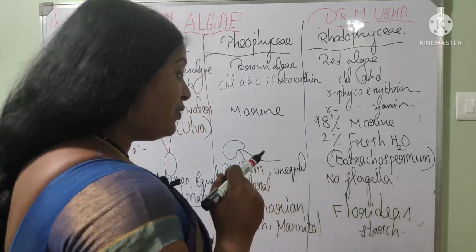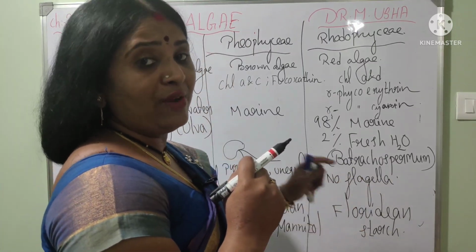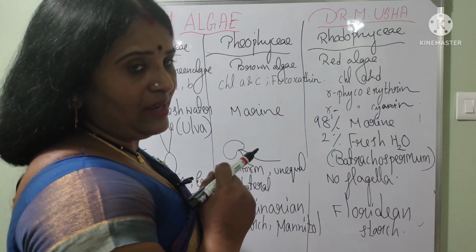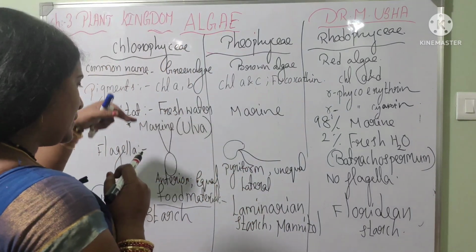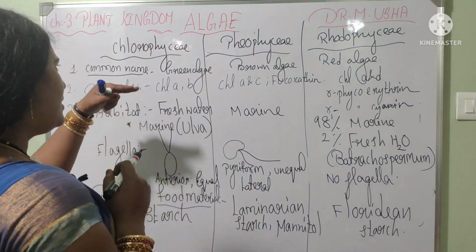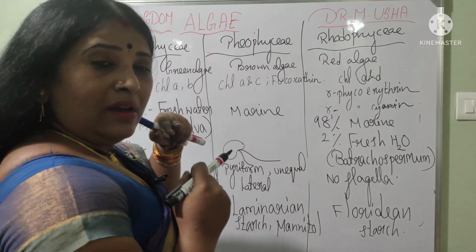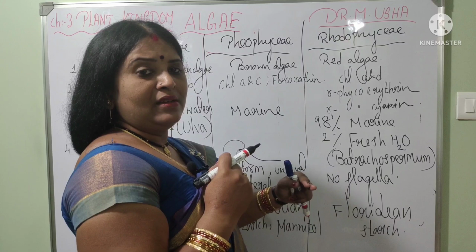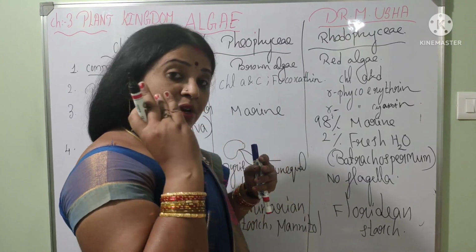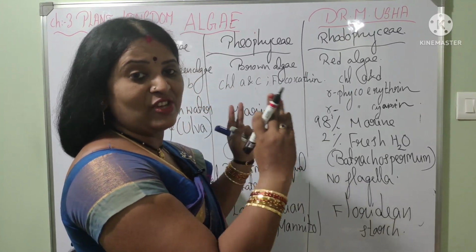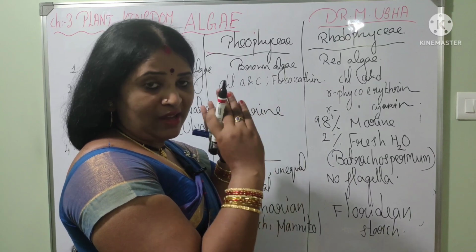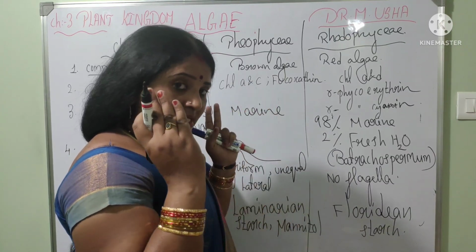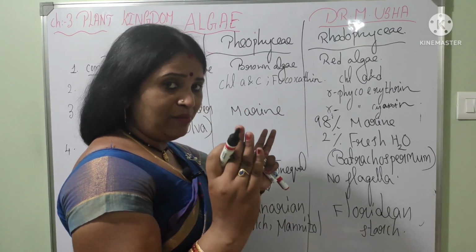In that way, reserve food material also varies from one class to another. So children, from the reserve food material or the pigments, one question can come from this cell structure. Damn sure, the table in NCERT is very important.